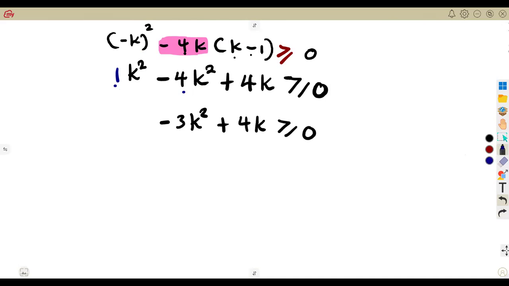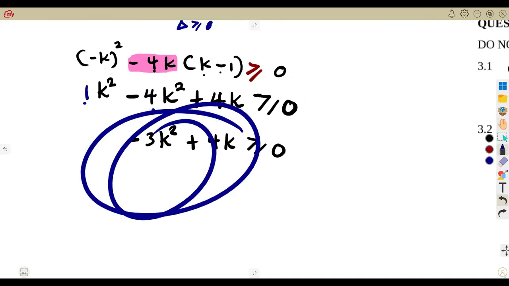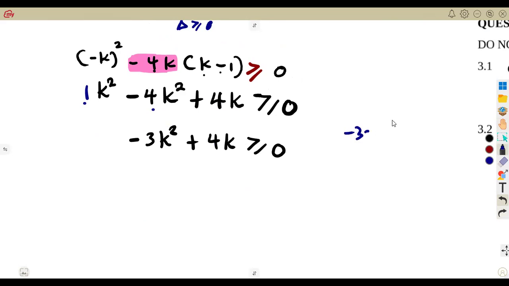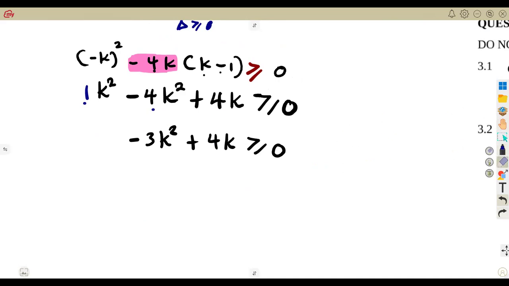Guys, you have been given inequalities before of this nature where you are given to solve minus 3x squared plus 4x is greater than or equal to 0. You have been given this. How are you going to solve? It is in your hands whether you want to change this one to a positive. Guys, there's no need. You can do that, but there's no need because the negative tells us about the function.